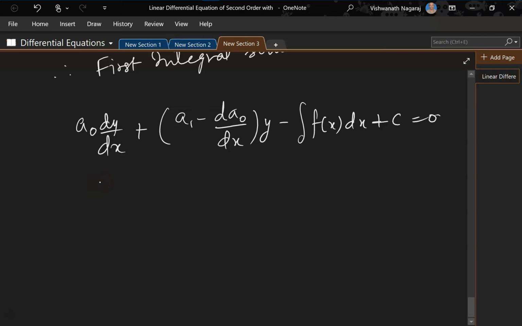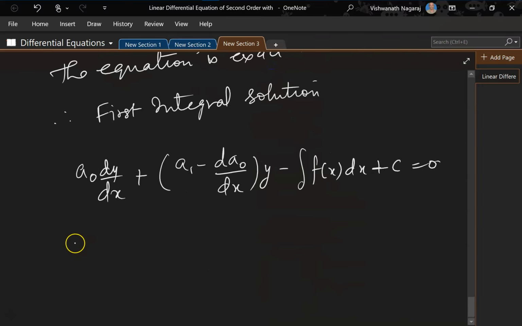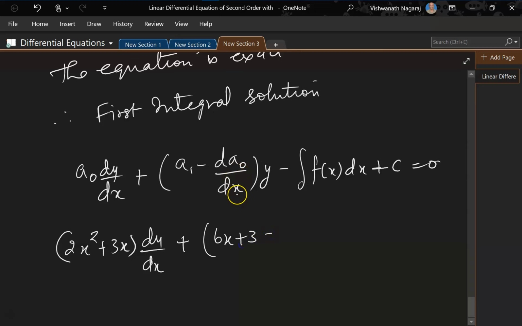So a naught is 2x square plus 3x. So 2x square plus 3x dy by dx plus a1 is 6x plus 3, then minus dA naught by dx.